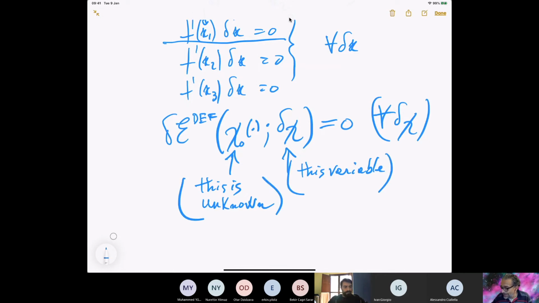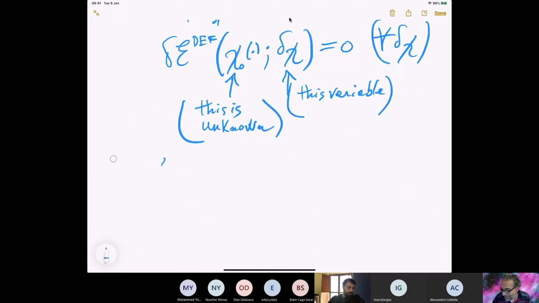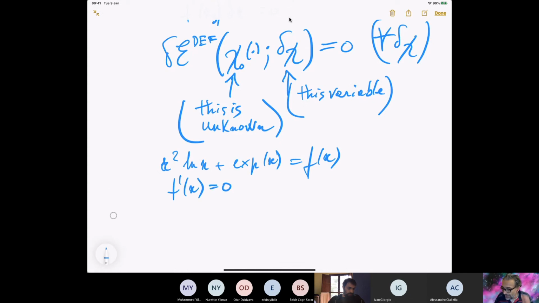Exactly as happens when you have x squared times logarithm of x plus exponential of x, and you calculate the first derivative, and you impose it is equal to 0. In general, you may have more than one solution and more than one local minimum. Okay.